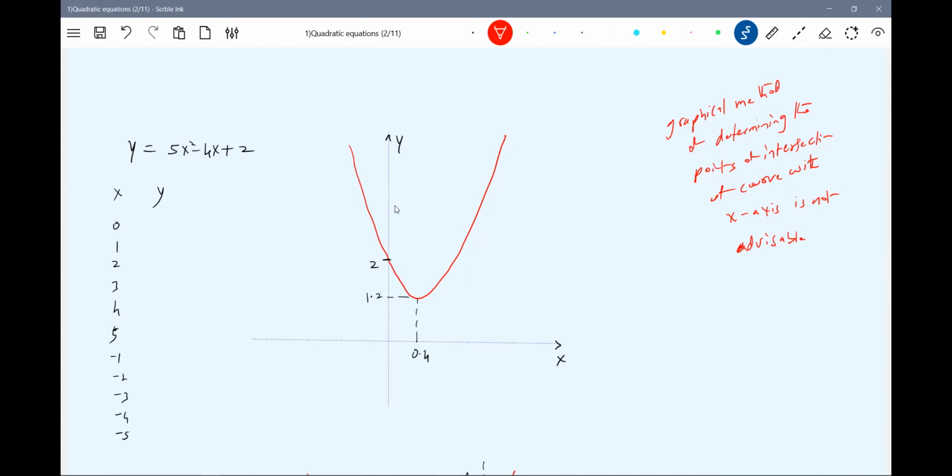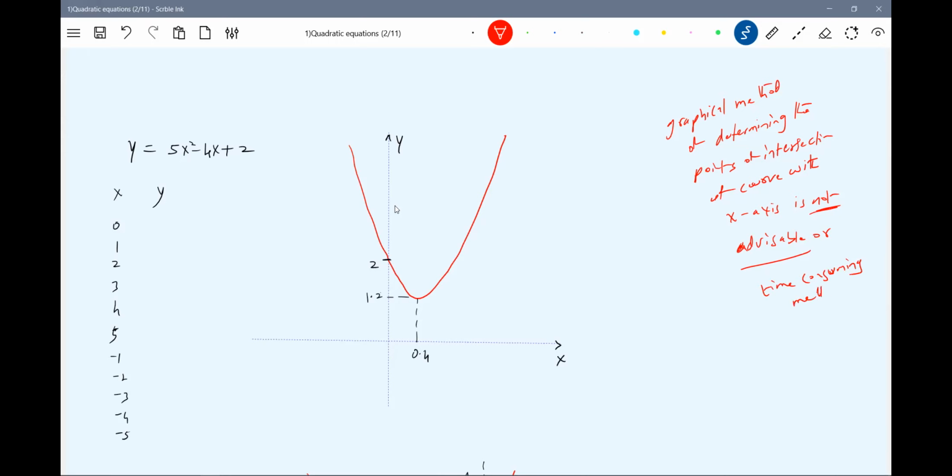Why? Because assuming the values of x, then calculating the corresponding value of y, then again we have to plot the curve. So it is not advisable, or you can say it is time consuming.